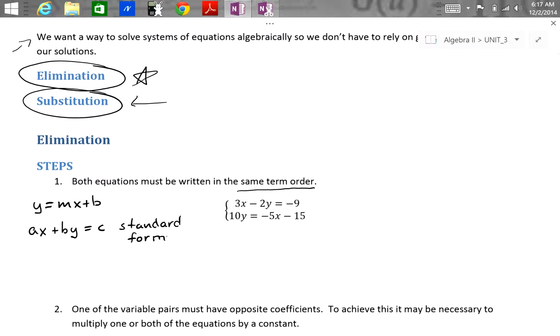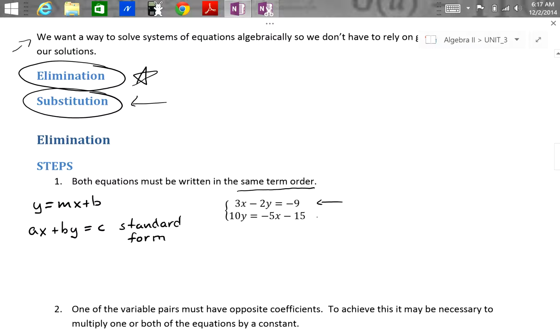So that's what we're going to do. We see already that this top equation is in standard form. It's the x term, y term, equals a constant, and that's exactly what standard form is. However, this bottom equation is not in standard form.